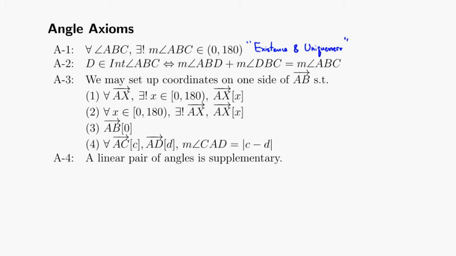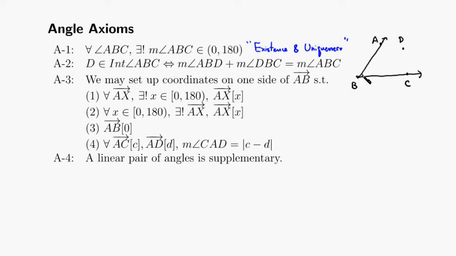So basically, if you have, say, angle ABC, I'm going to just draw angle ABC. Here is, say, A, this is B, and this is C.